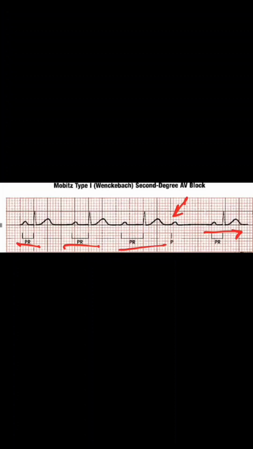The most important thing to remember with AV blocks is that they are a problem with the AV node and not the atria. And remember, the P wave represents atrial depolarization. So, even though the PR intervals are getting longer and longer here, your P to P to P to P interval always remains constant.